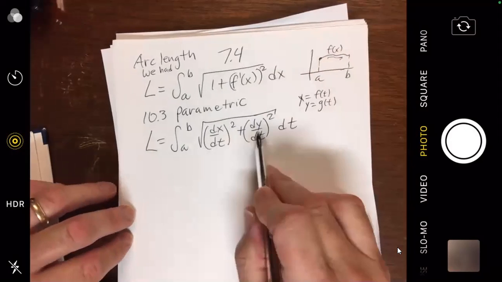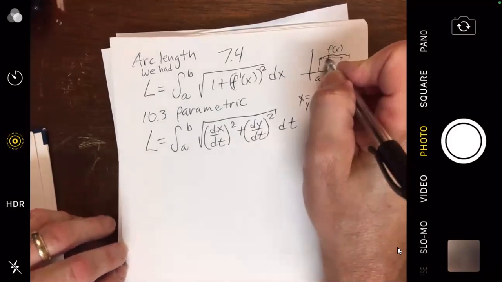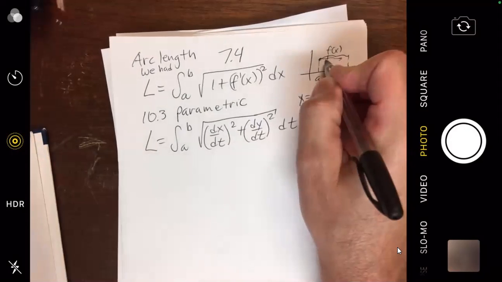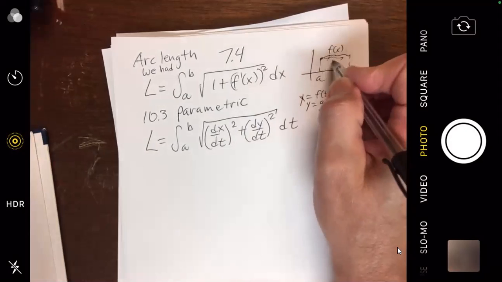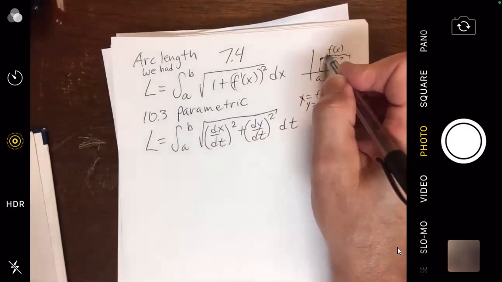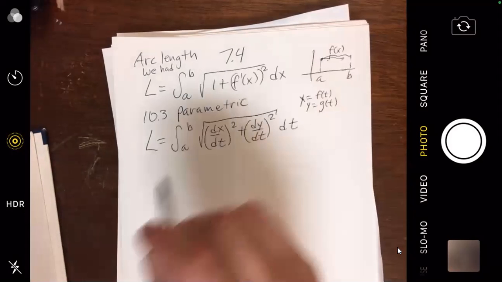So it looks like a Pythagorean theorem. The horizontal is dx/dt, the vertical is dy/dt, and you square each one of them, add them up, take a square root, and you've got the length along. It's pretty much plug and chug, pretty straightforward.